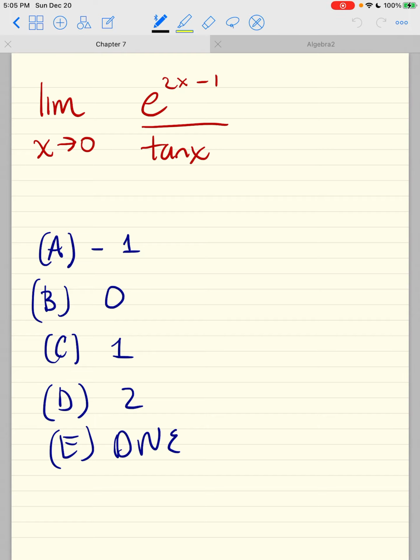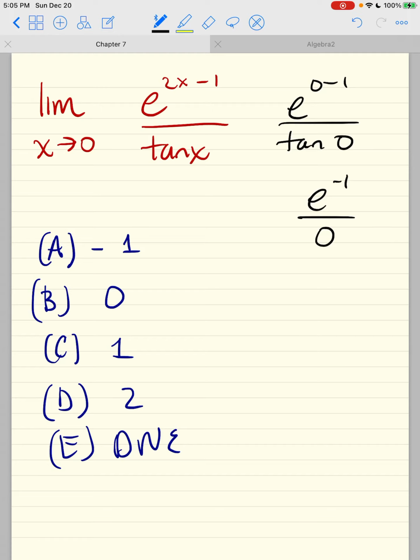So first thing we do is the limit as x approaches 0. You're going to get e to the 0 minus 1 over tan 0. So e to the 0 minus 1 over tan of 0, which is 0. So in this case, I cannot use L'Hopital's rule because I don't have 0 over 0.